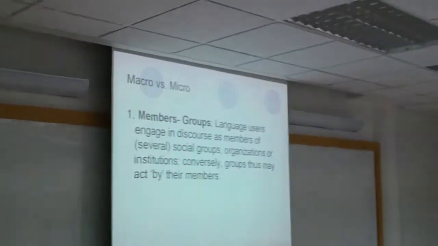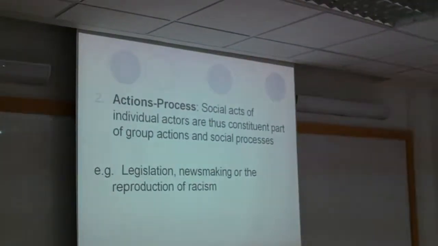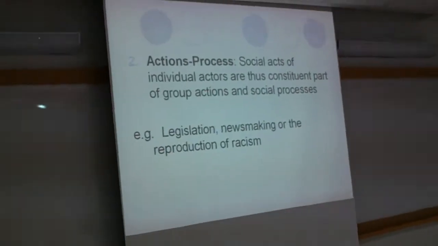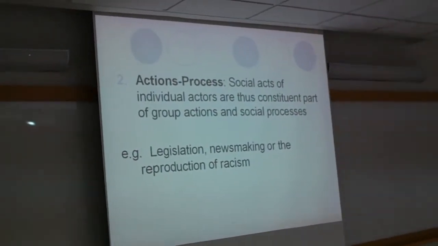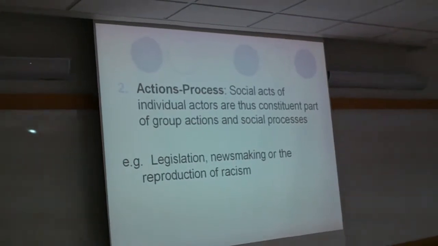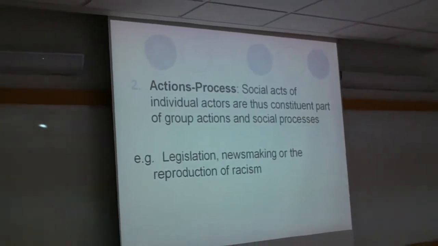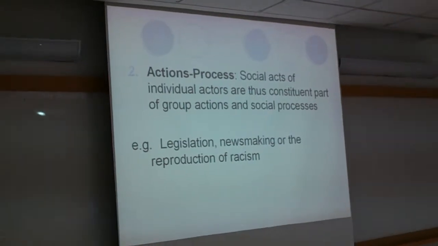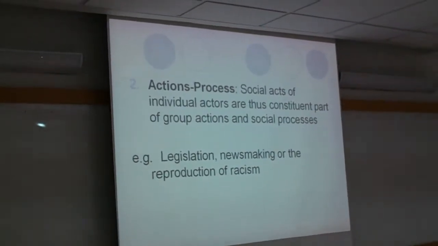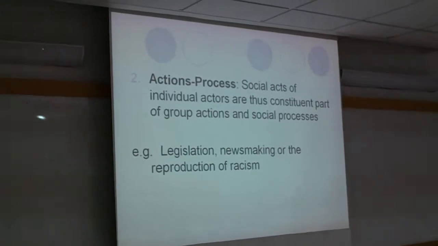Number 1, members and groups. Language users engage in discourse as members of social groups, organizations, or institutions. Conversely, groups may act through their members. Number 2, action and process. Social acts of individual actors are thus constituent parts of group action and social processes, for example legislation, news making, or the reproduction of racism.